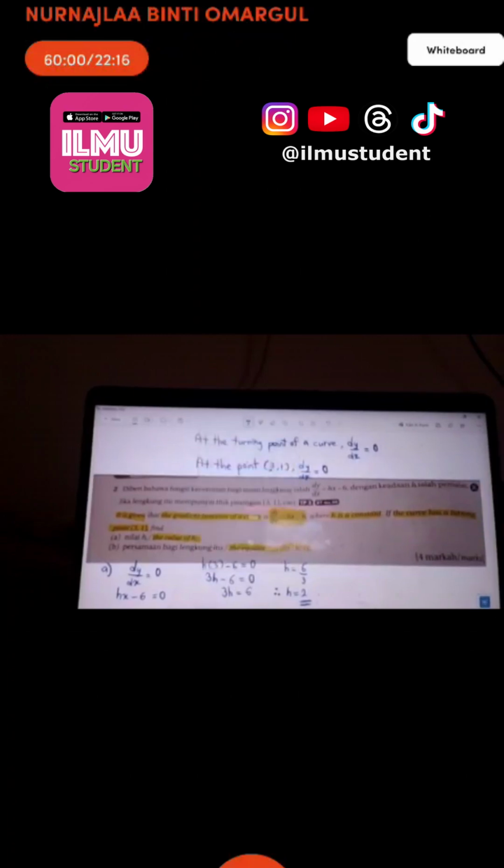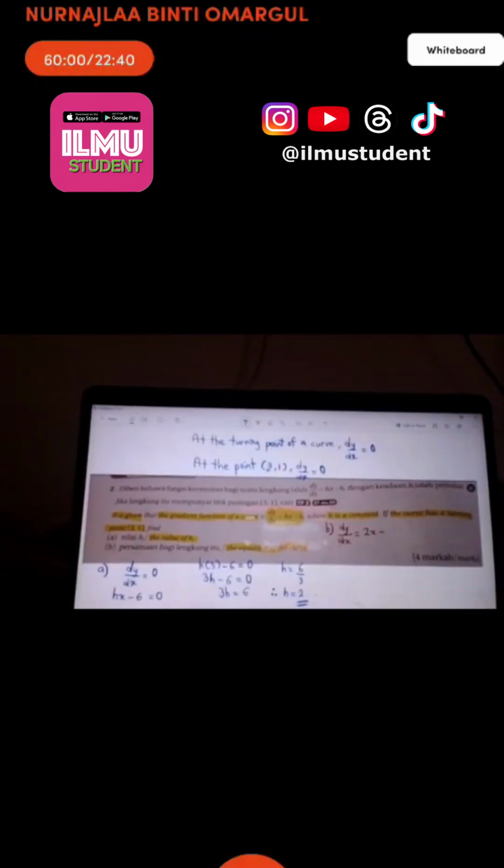Now we have known that h is equal to 2. Let us try to find the equation of the curve over there. This is question B, the equation of the curve.